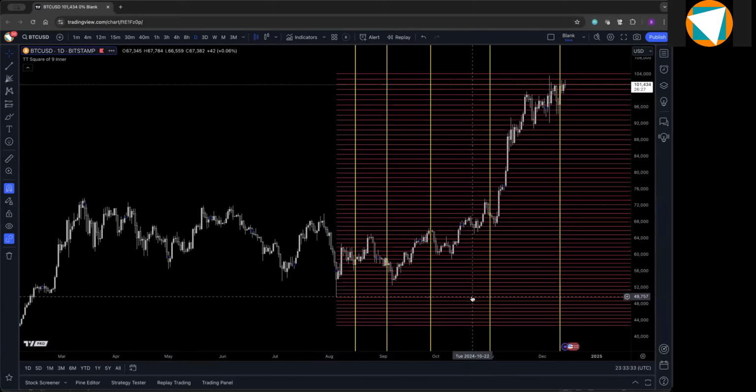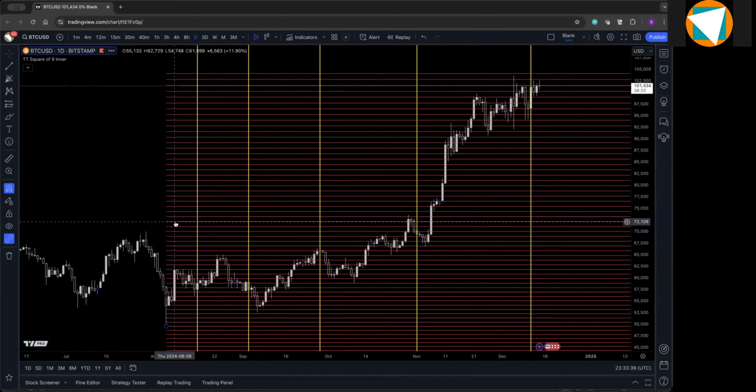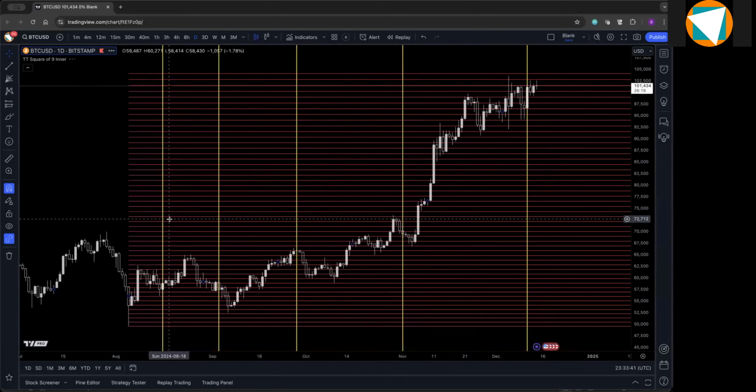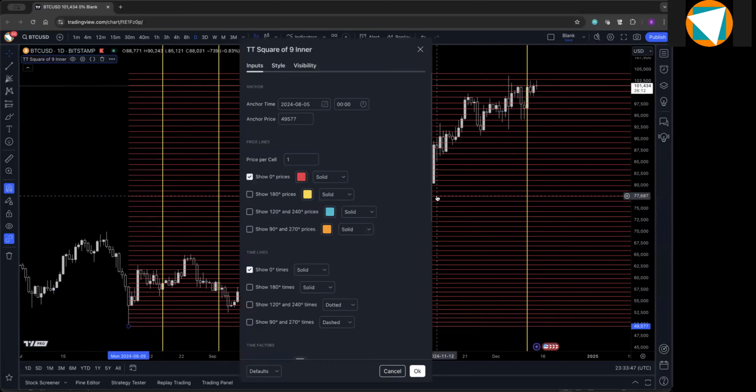And what you'll see instantly is that there's a lot of red lines. And the reason for that is that we have to rescale it to fit the prices of Bitcoin, which are $50,000 to $100,000 here. Okay. So this is where the price per cell comes in. All right. So what we can do here is we can try 100 as price per cell.